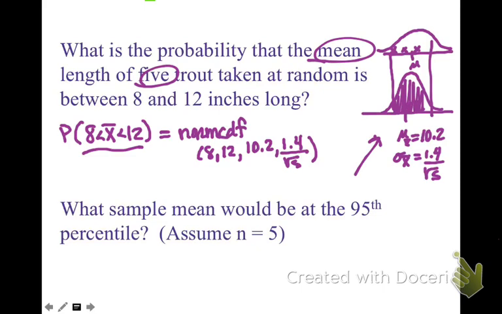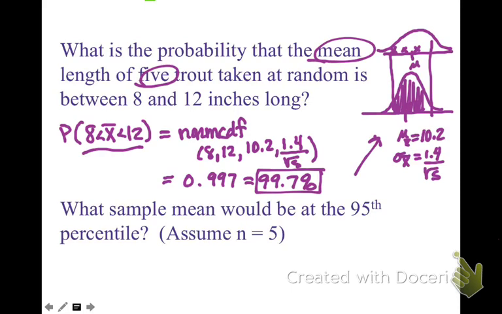We will see that there is a higher probability of being within that 8 to 12 range for a sample of trout than for one single trout, because more of my values are close to the mean. If we calculate this, we find that there is a 0.997, or 99.7%, probability of finding an average of 5 trout that are between 8 and 12 inches long.